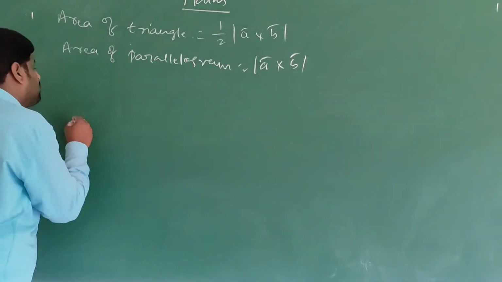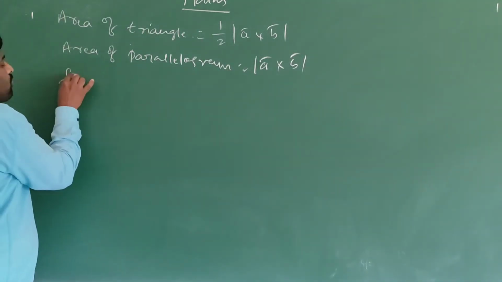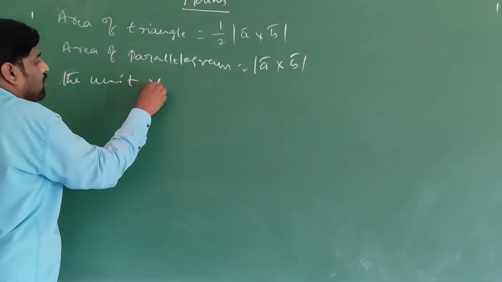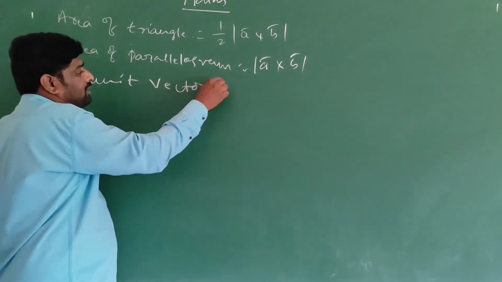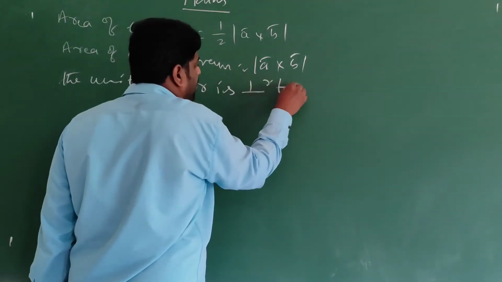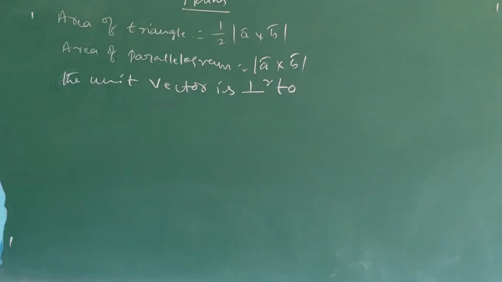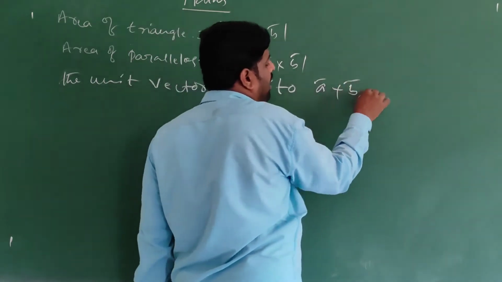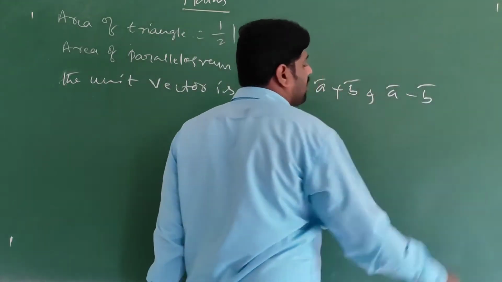Next, the unit vector perpendicular to a bar plus b bar and a bar minus b bar.